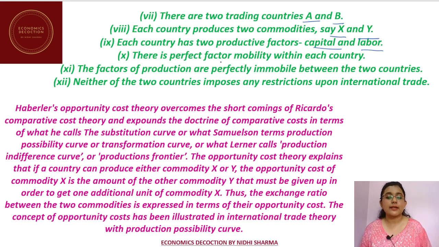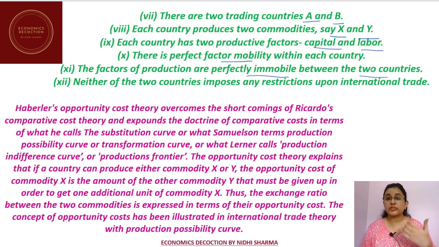There is perfect factor mobility within each country. The factors of production are perfectly immobile between the two countries. I have already discussed this point in detail in my previous videos, where we saw that labor cannot move from India to USA or from USA to India.